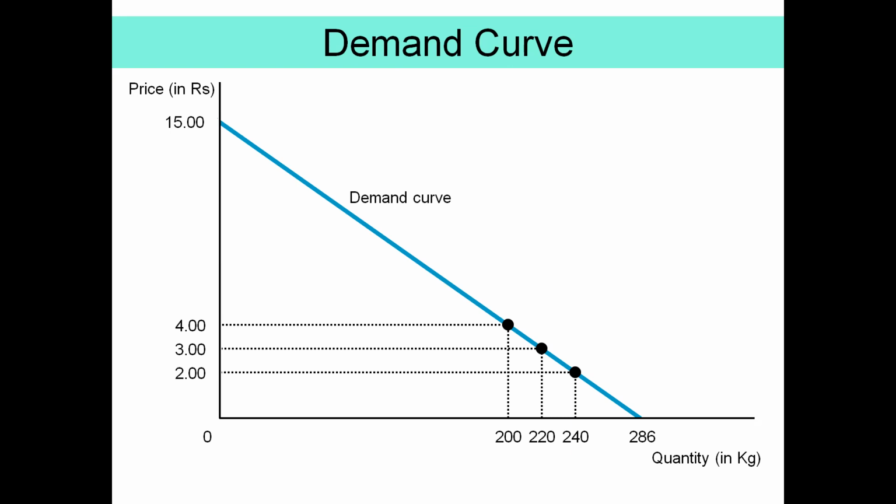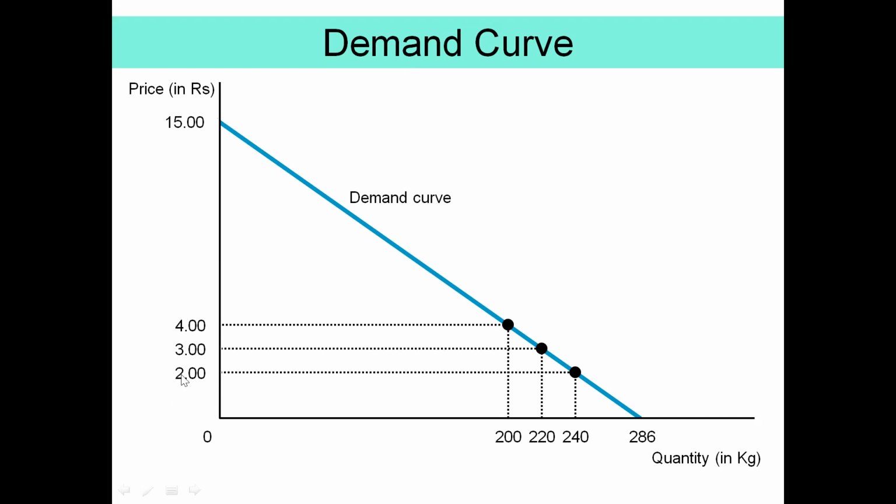The graphical representation of the law of demand is called the demand curve, which is a downward sloping curve. In this diagram, we can see that the demand curve is downward sloping, indicating the inverse relationship between price of the commodity and quantity demanded of it. It shows that at price 4, quantity demanded is 200.